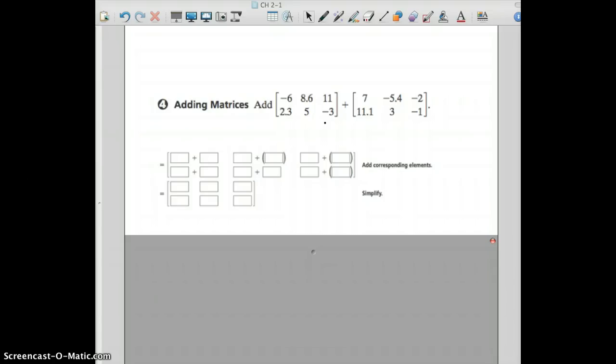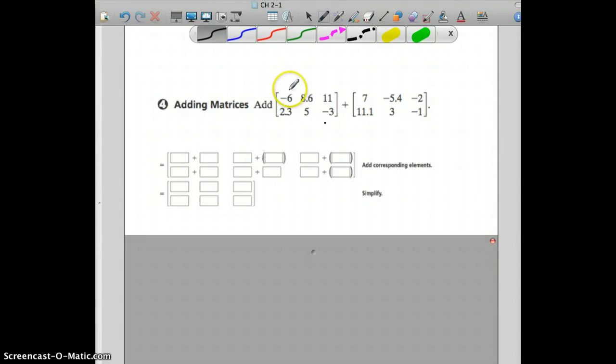Our final example is adding matrices. Matrices may look a little funny, but they're pretty easy to solve. Notice here we have a 3 by 2 matrix and a 3 by 2 matrix. It's important when you're adding matrices to add matrices of the same size.